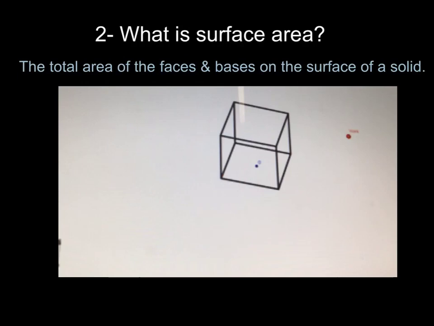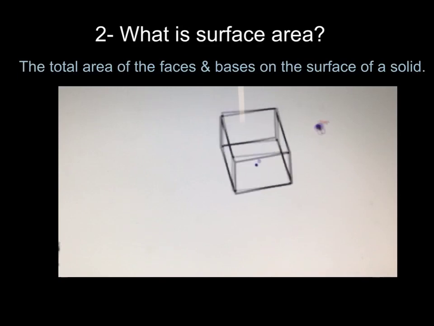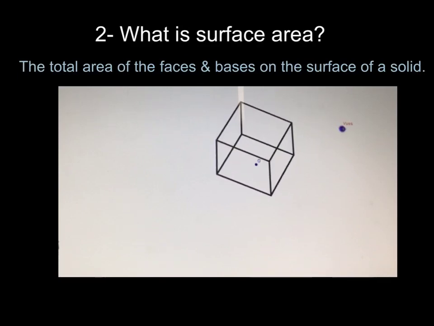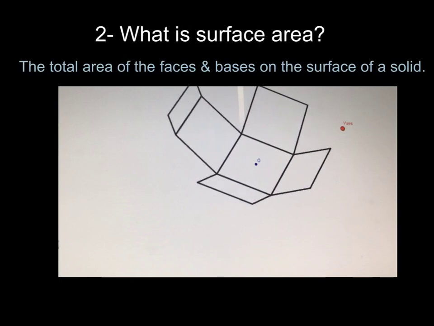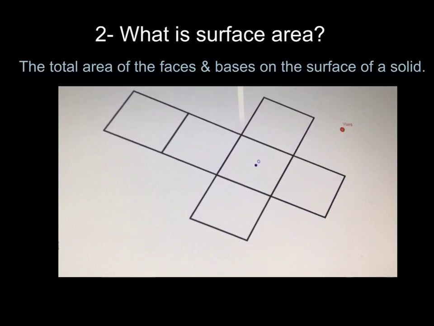So what we can do here is look around the different parts of the cube, and we can see that yes, it still does have 2 bases and 4 sides. And if we unwrap it, we still have the same 6 different parts. So we still have our 6 different faces: our 2 different bases, and then the rest of our faces.